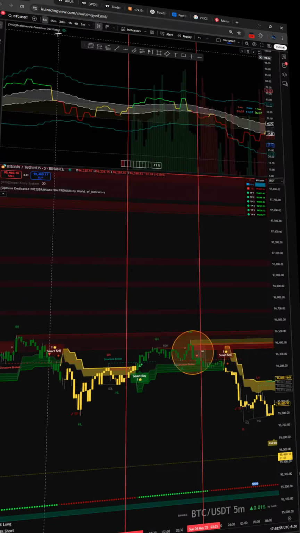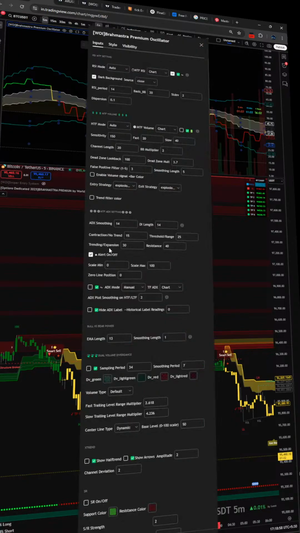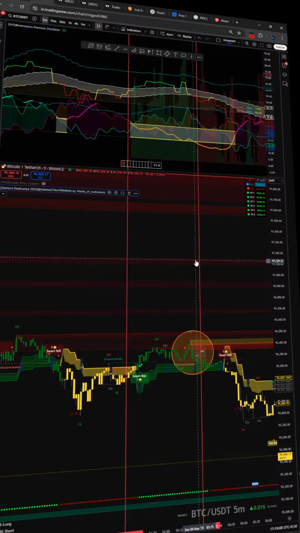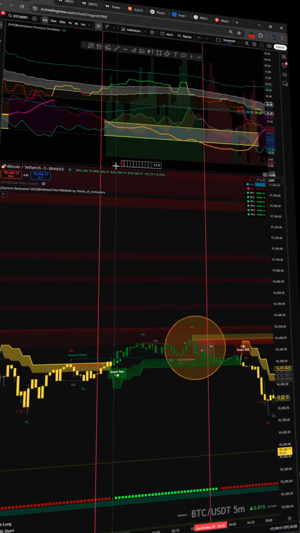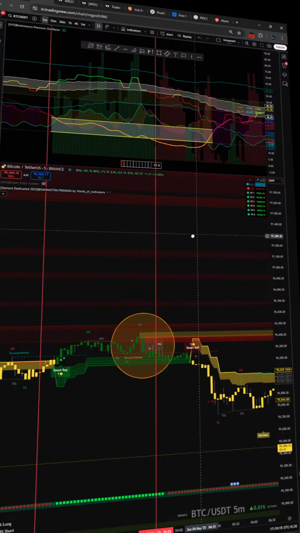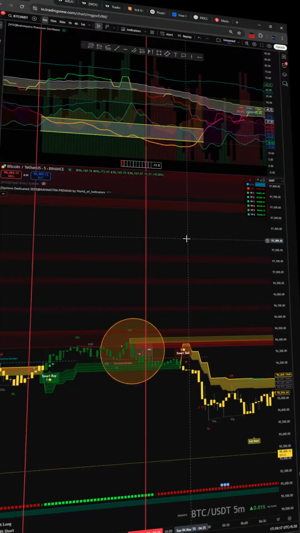So here you go with this ADX. What does ADX tell you? Whatever trend has started, is that trend strong enough to give you momentum? Is that trend strong enough to make you profitable?